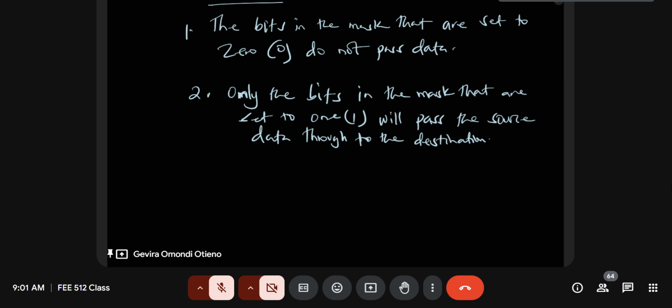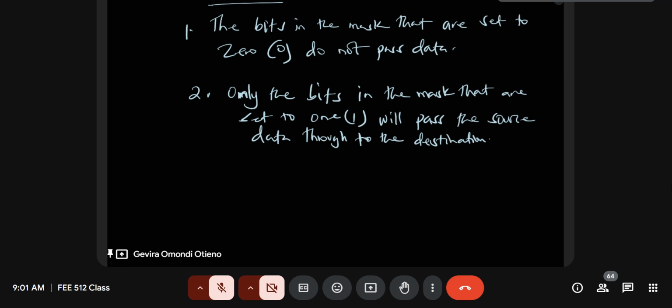The same way here, if the mask has a bit set to 0, then the corresponding bit from the source is not allowed to pass. But if the mask has a bit set to 1, then the corresponding bit from the source is allowed to pass through to the destination address.